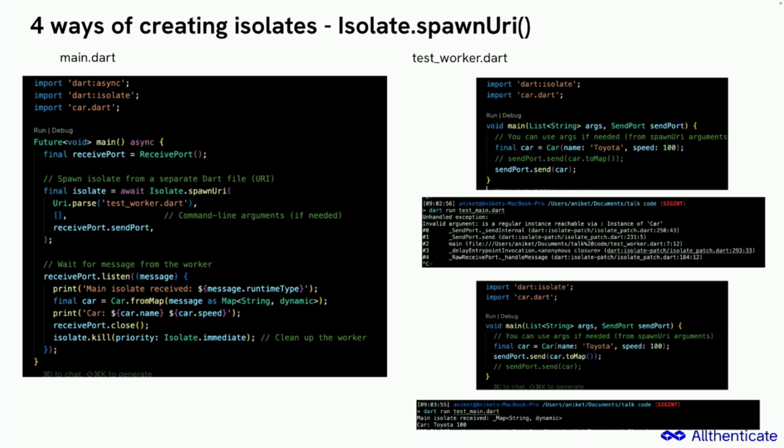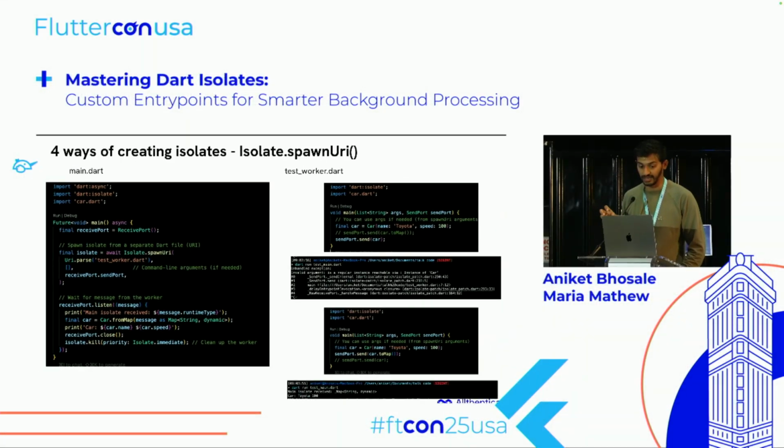It's going to define its own data types, come up with its own stuff, and have its own event loop. It's going to run completely parallel to main.dart. This is essentially what our old code base used to look like: we had these files doing all the business logic in this worker isolate, and then there was the main isolate showing the Flutter UI.